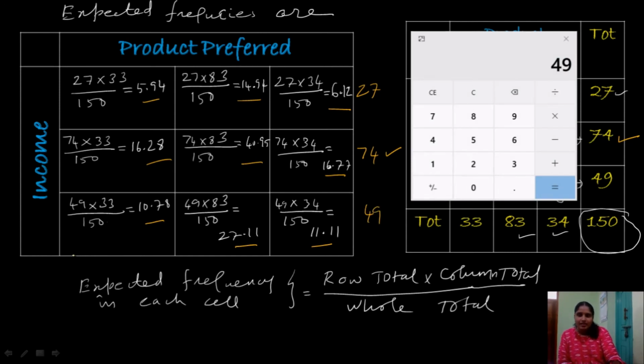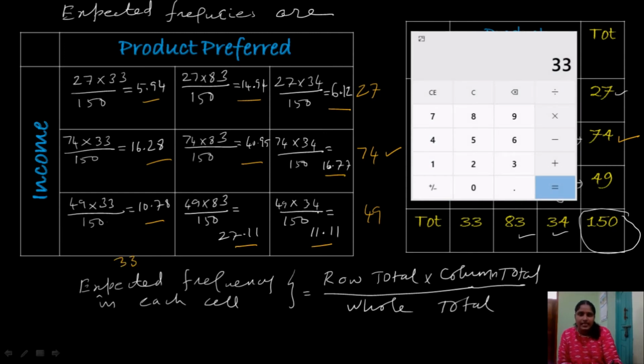Likewise, I have to add the column totals too. So by adding column wise, we get 5.94 plus 16.28 plus 10.78, we get the total as 33.